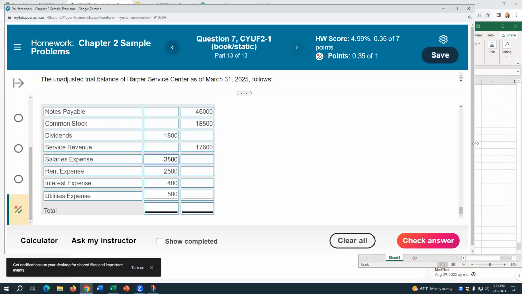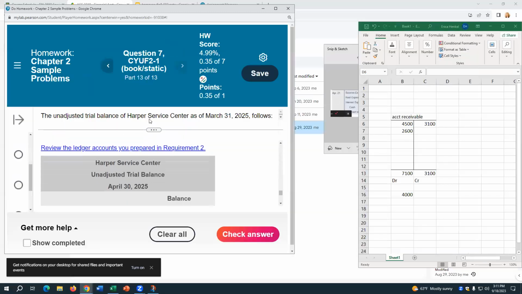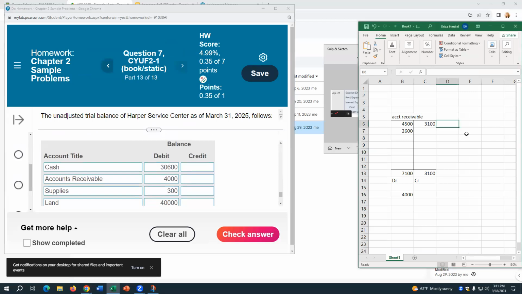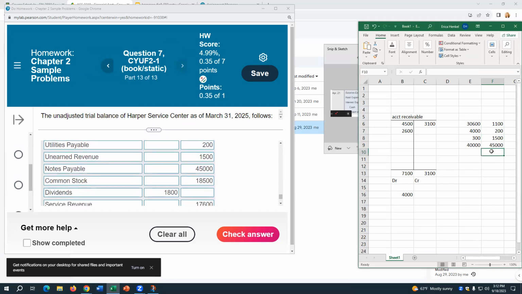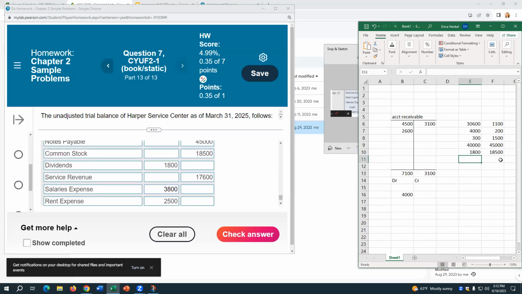All right, so what I'm going to do then is scroll this over so that I can add these up. I'm just plugging these in on their respective sides so that I can add them up.